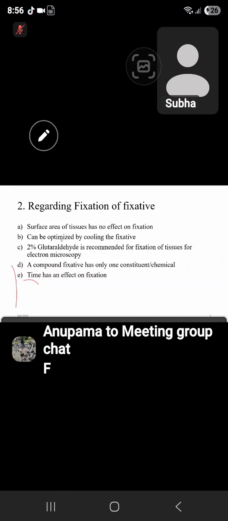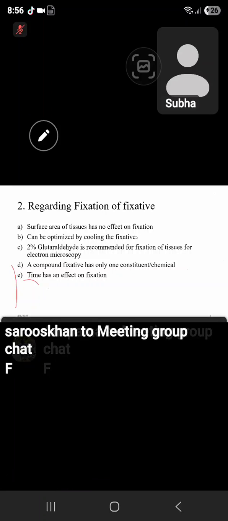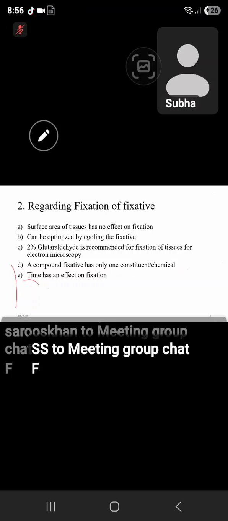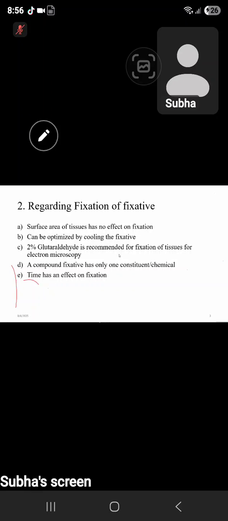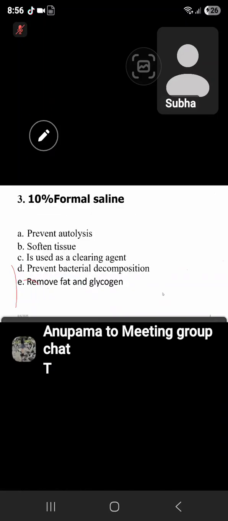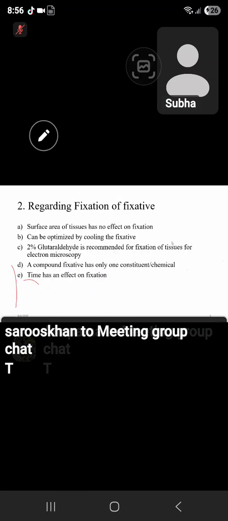Actually, it can be optimized by heating the fixative, not cooling. 2% glutaraldehyde is recommended for fixation of tissues for electron microscopy. True or false? True. Sorry.